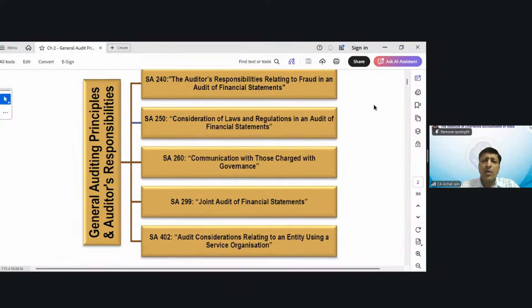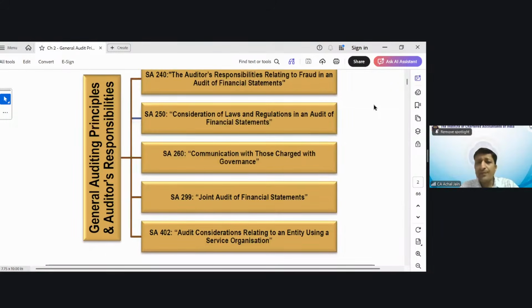Next, we'll talk about SA 260. Again, a very important area. In today's times, particularly with the kind of development happening and the way the environment is evolving, there is a huge focus on the communication of the auditors with TCWG.